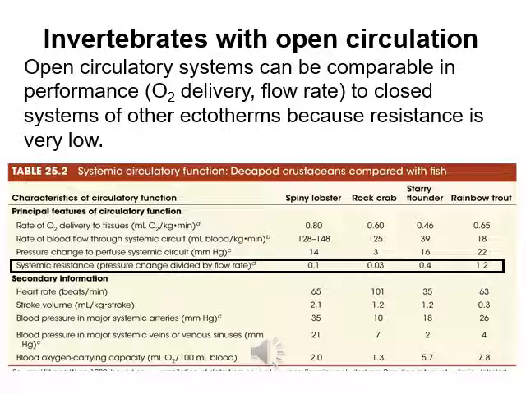The most important difference is the systemic resistance, which is the resistance to flow through the system. And you can see it can be anywhere from 25% to 10% in the invertebrates compared to the fish. It's a bit surprising to see that the heart rate in a lobster or a crab is actually much higher or comparable to what you see in fish.